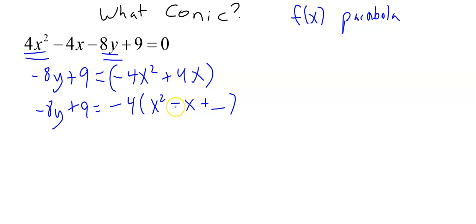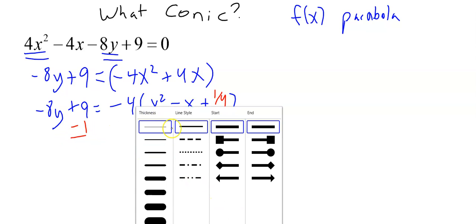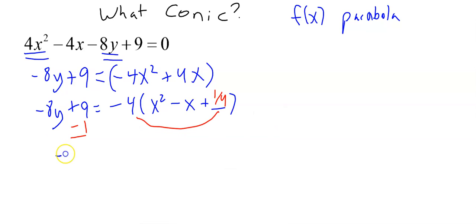Half of 1 is 1/2. 1/2 squared is 1/4. So I'm going to add 1/4. But I didn't effectively add 1/4. I did 1/4 times negative 4, which is subtracting 1. So I'm going to subtract 1 from that. So we get negative 8y plus 8 equals negative 4 times (x minus 1/2) quantity squared.